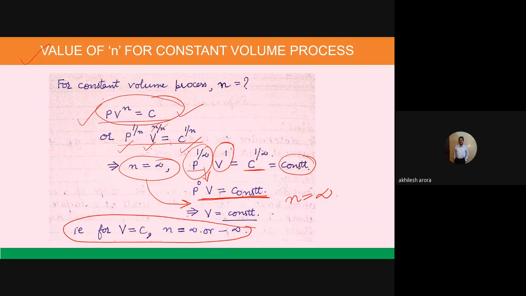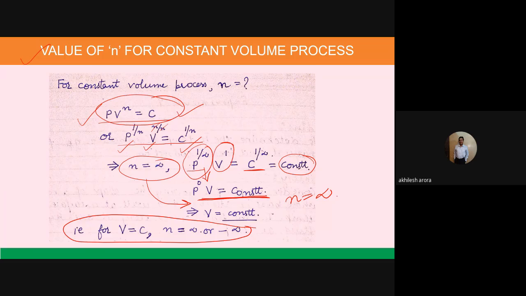Yes, Sir, he's saying that C raised to the power 1 by infinity tends to 1. Actually, we can have a certain value for it, because it cannot be 0 in this particular case. It will once again be a new constant.